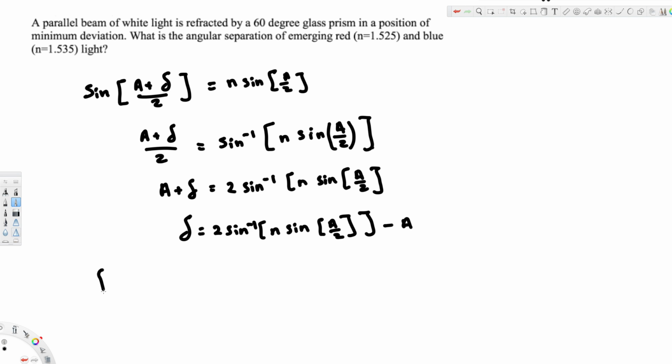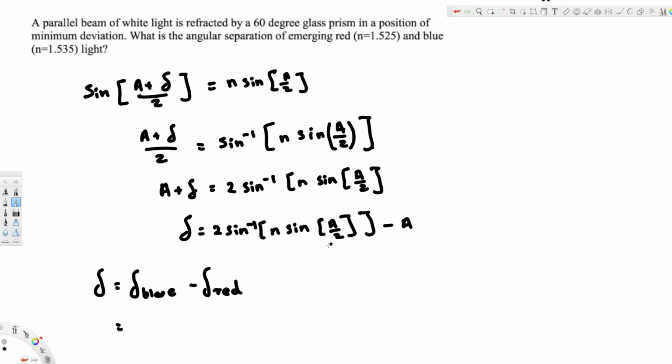So this angle of deviation is the angle of deviation due to blue minus the angle of deviation due to red, and if you subtract these two, that's going to give you the angular separation.